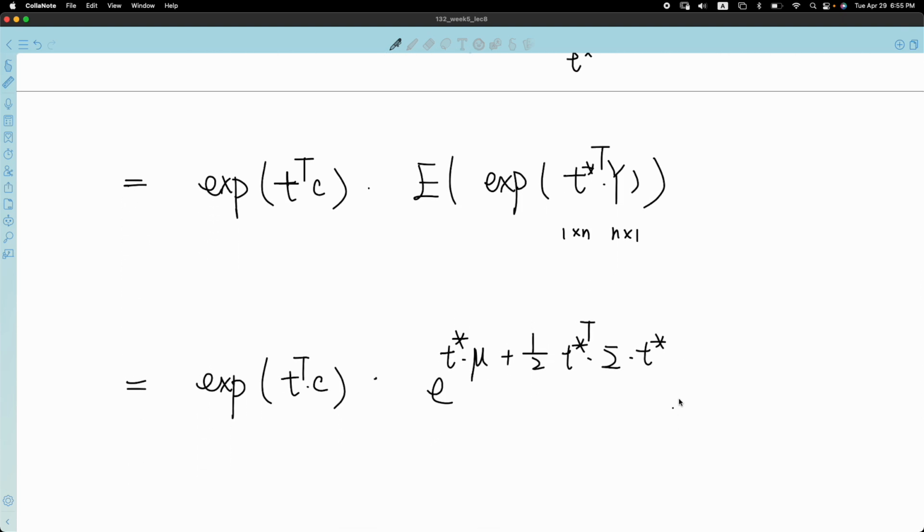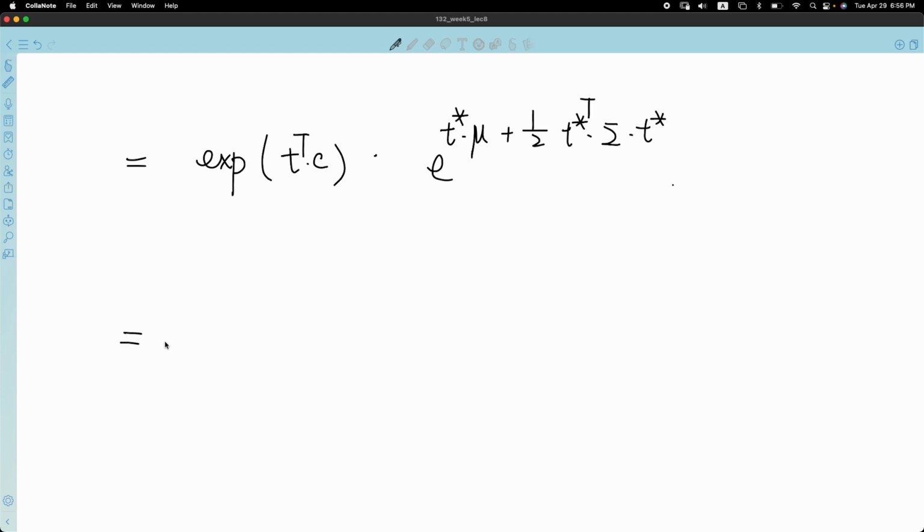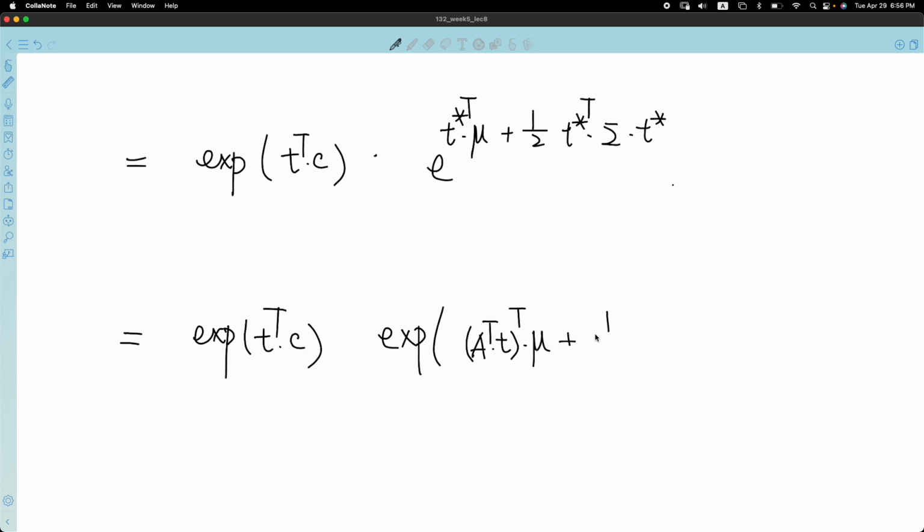And now I'm borrowing the moment generating function that we had. So, it's time, so let me just write down the answer. Exponential T transpose c, exp of, so T star is A transpose multiplied by mu plus 1/2.